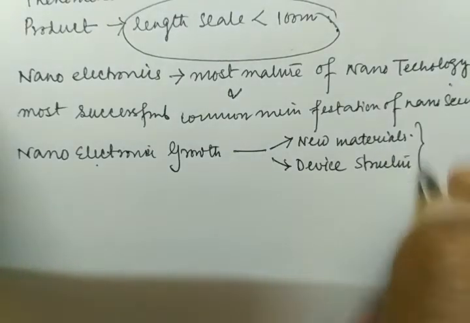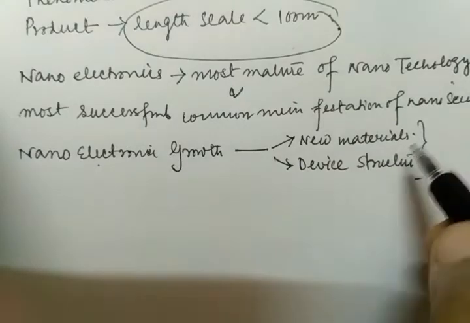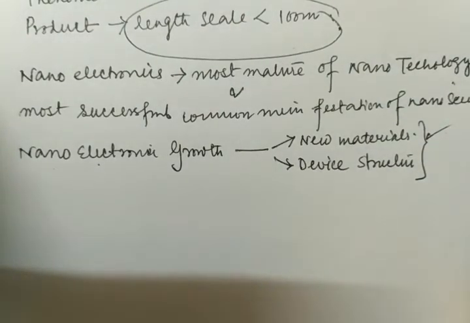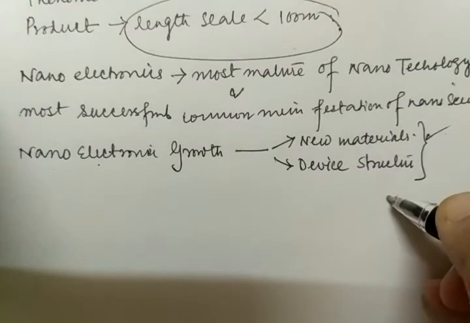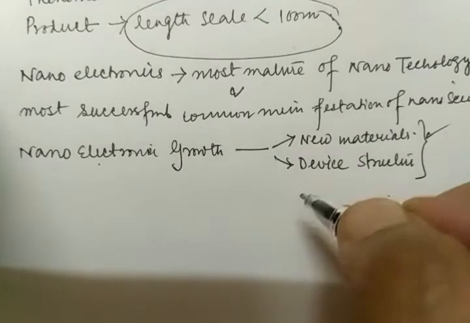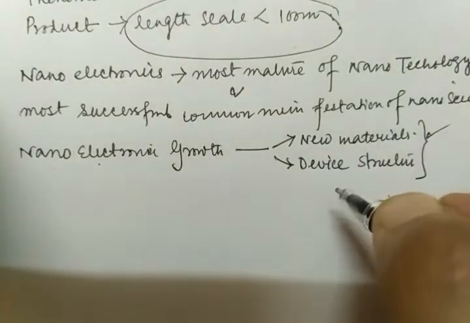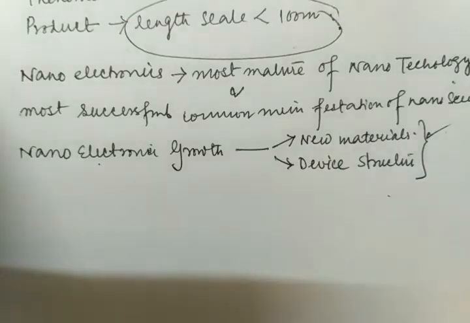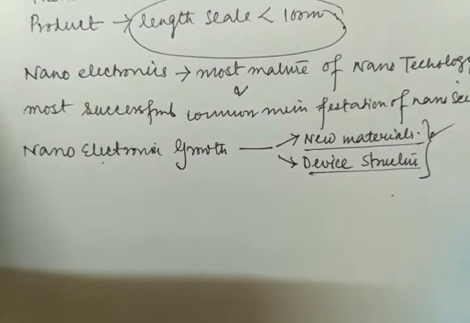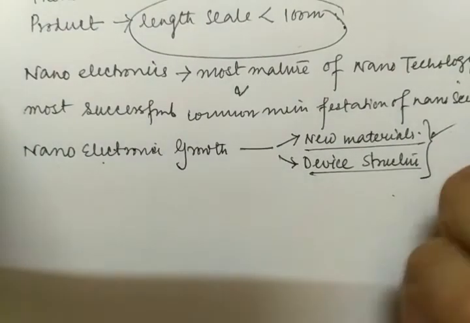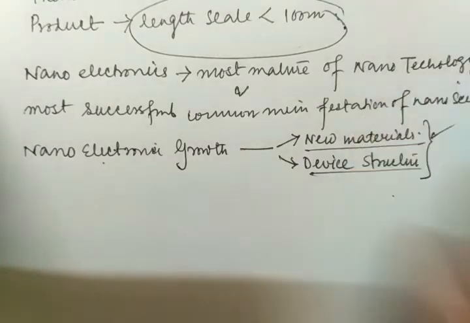These two are very important points. One is materials, which kind of material we are using, and how we are defining the device structure. Only then can we create new nanoelectronics products in the future. If we know these two points well, then we can create a new nanoelectronics product.